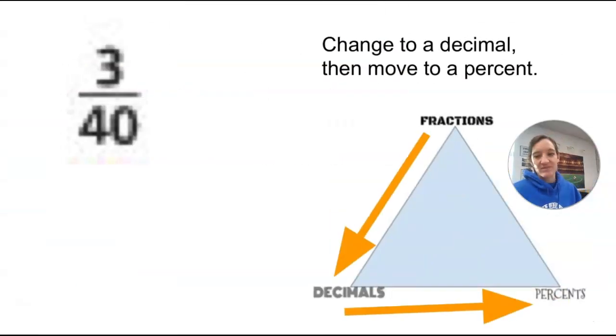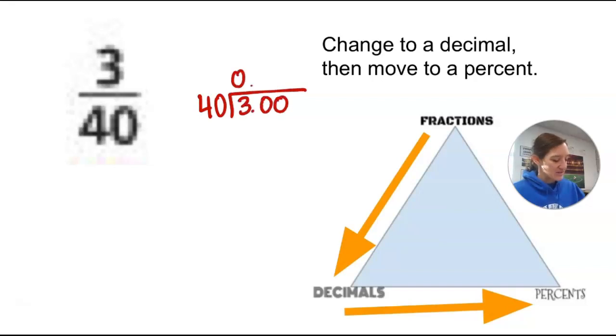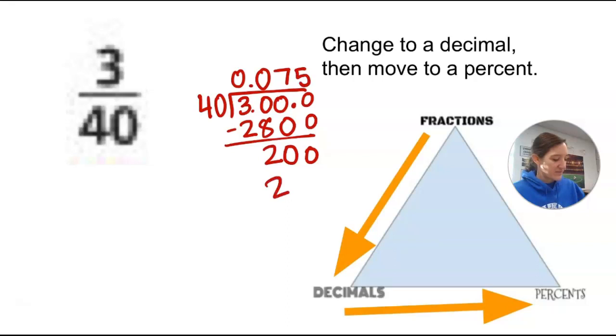That's option 1. So if you have something like 3/40ths and it says change to a percent, let's change 3/40ths into a decimal first of all. 40 will not go into 3, but it will go into 30 zero times... and 40 goes into 300 7 times, giving me a remainder of 20. Add a zero, bring it down, and that will be 5.